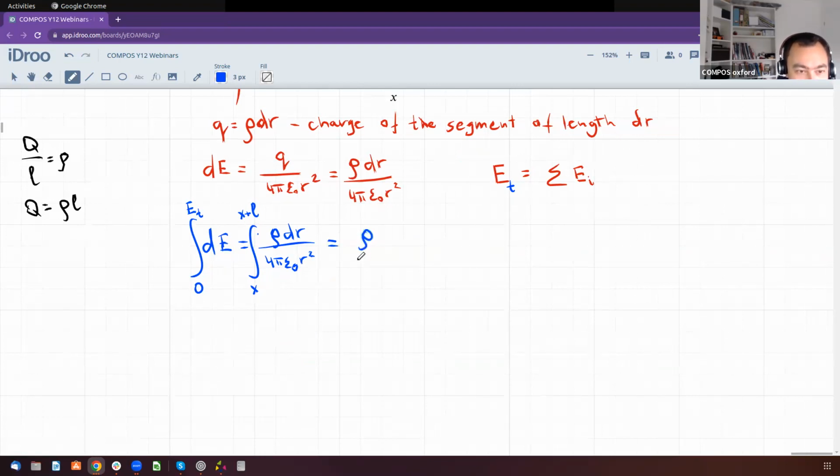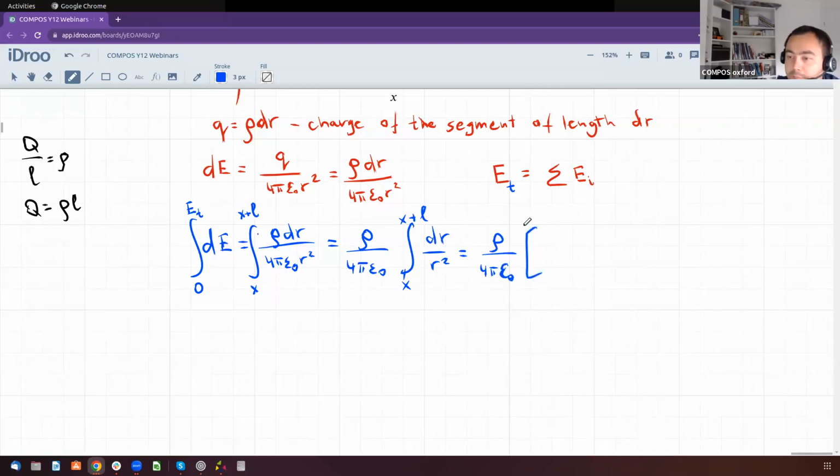So rho is a constant, 4 pi epsilon naught is a constant, and I'm left with dr over r squared between limits x and x plus L. Okay, so who can integrate that for me, please? -1 over r, correct.